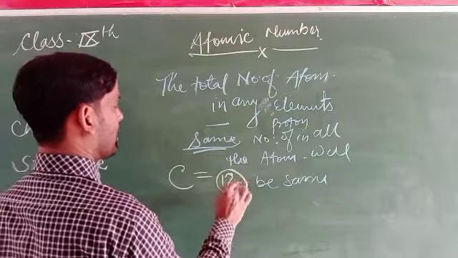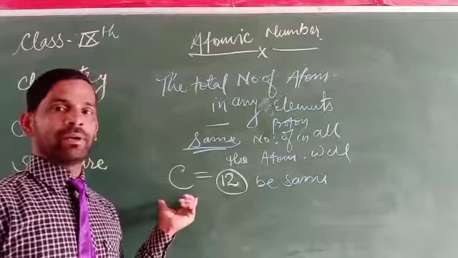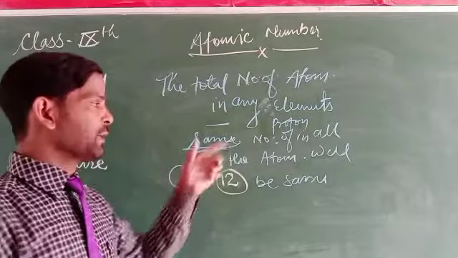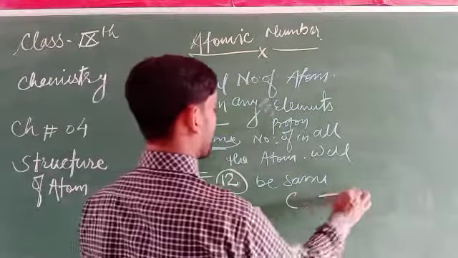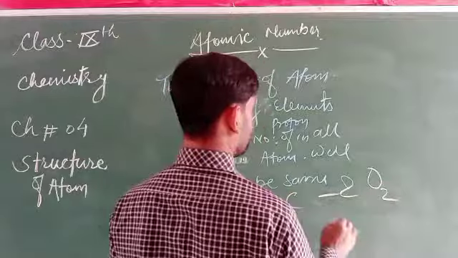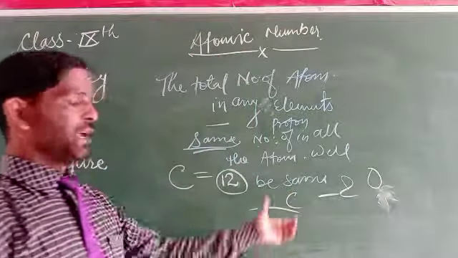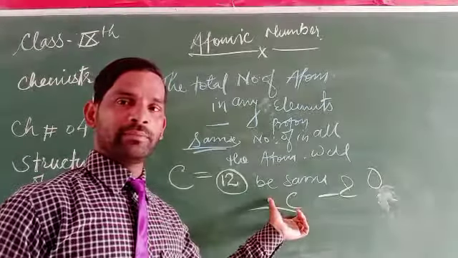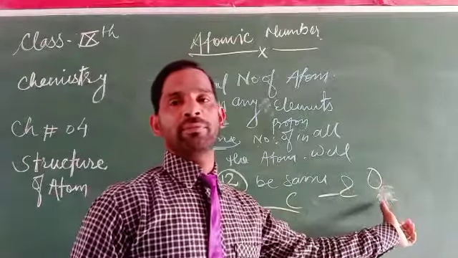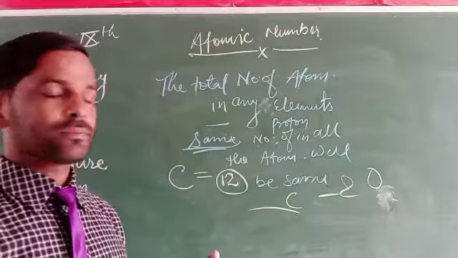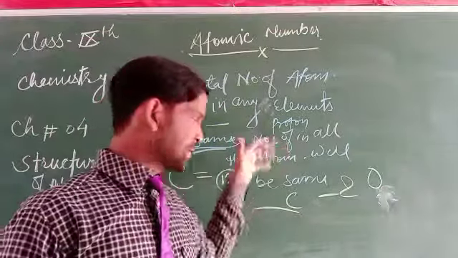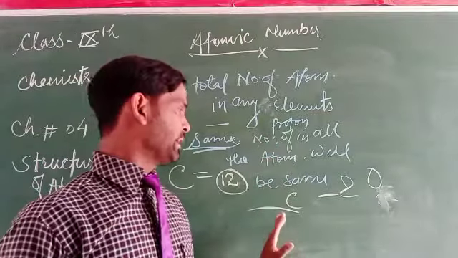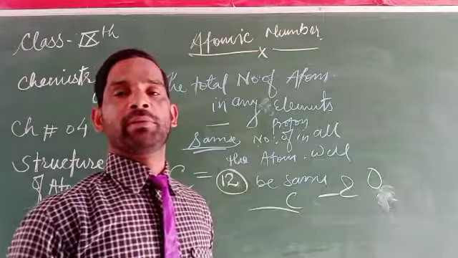So all the atoms in this element have the same number of protons. But in case of any other atom, like carbon and oxygen, what will happen? The number of protons in a carbon element is not equal to the number of protons in an oxygen element. So in the same element the number of protons will be the same, but in case of other atoms it will be different.